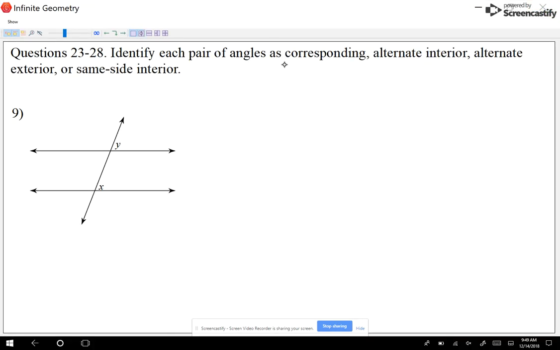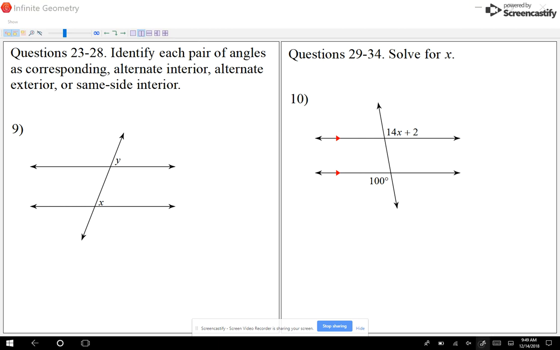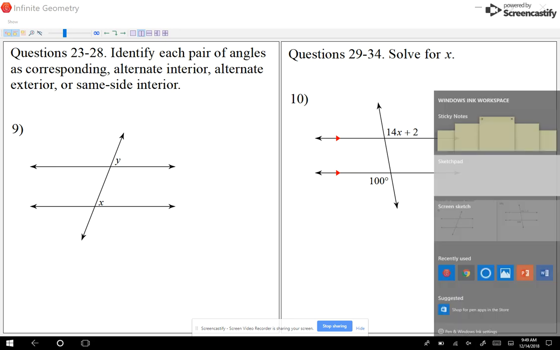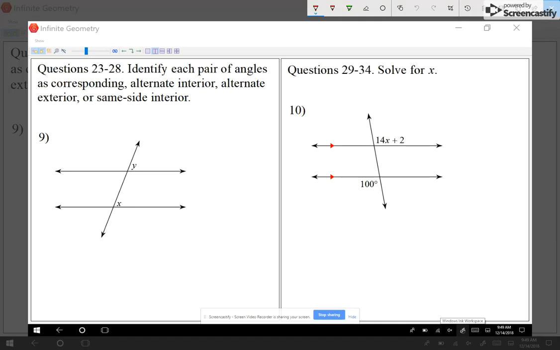Now, let me take a look at the review questions 9 and 10. From question number 9, you have to know the titles. We're looking at parallel lines with a transversal. There's my transversal. If the angles are on different sides of the transversal, one on the left, one on the right, then we're talking about the alternates.